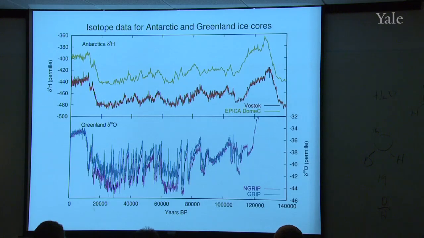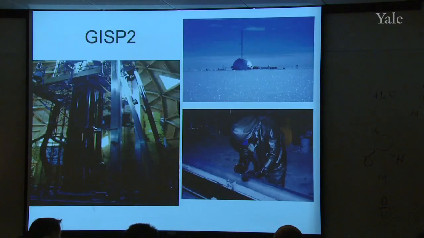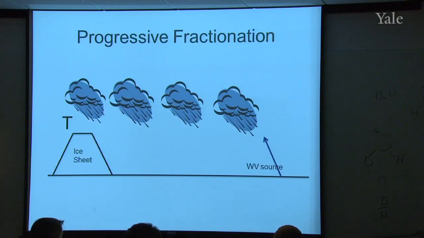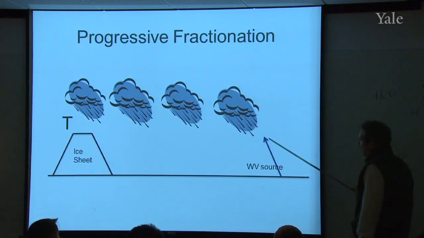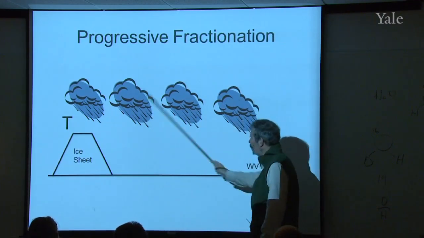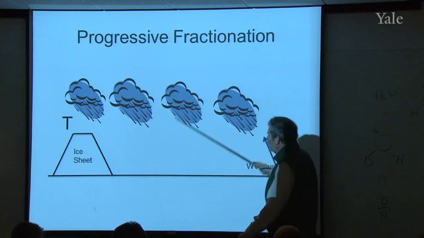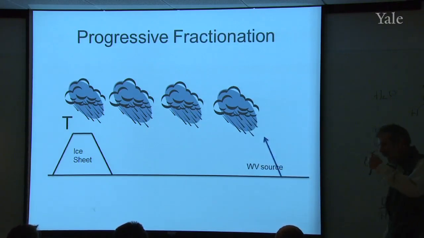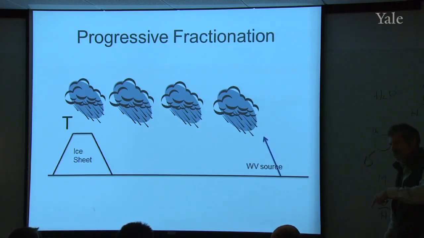Yeah, Jordan. Can you explain again why lighter isotopes mean a colder temperature? Yeah, because in this model, let's say this is at a fixed temperature here, and so if you just cooled the air a little bit between source and ice sheet, you would remove maybe half the water vapor and fractionate it accordingly.